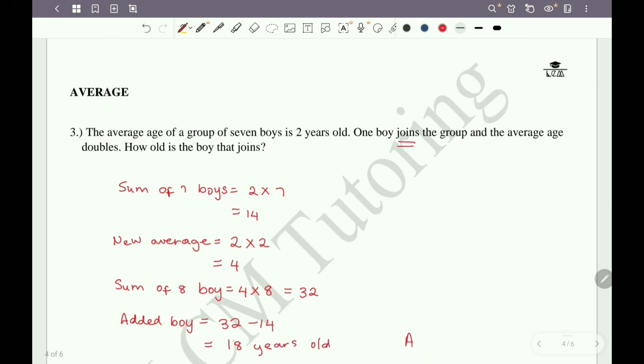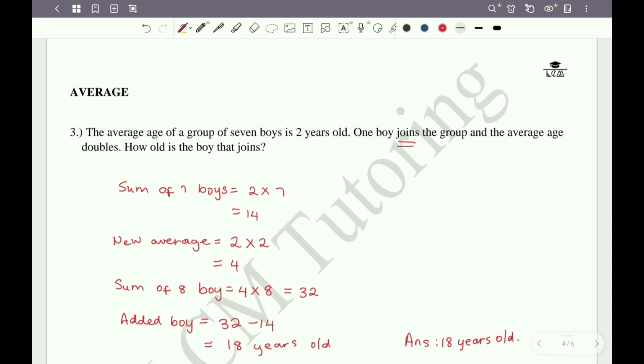So my answer, the boy that was added, or the boy that joined the group, would be 18 years old. Right? You can kind of see the routine. Find the old sum, find the new average, find the new sum, find the difference. And that gives us whoever was added, whoever was removed.